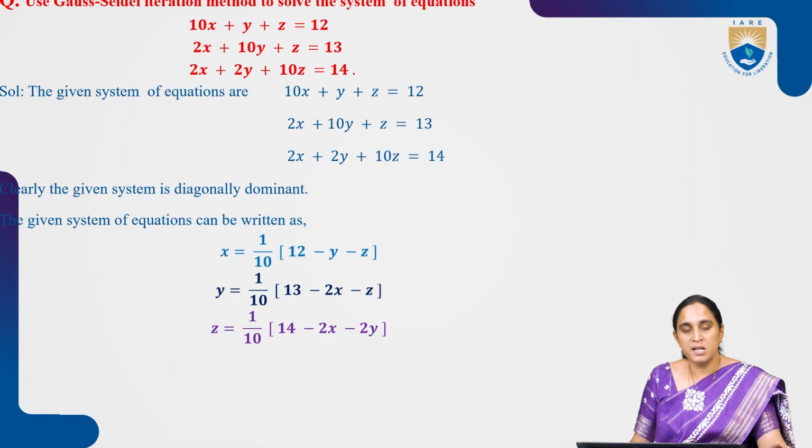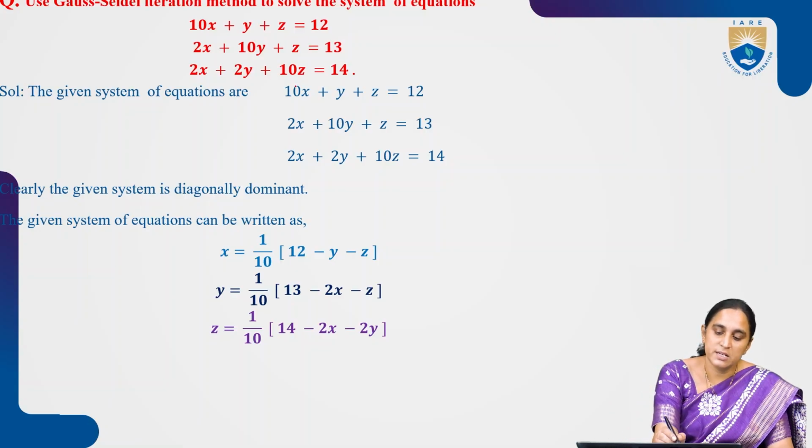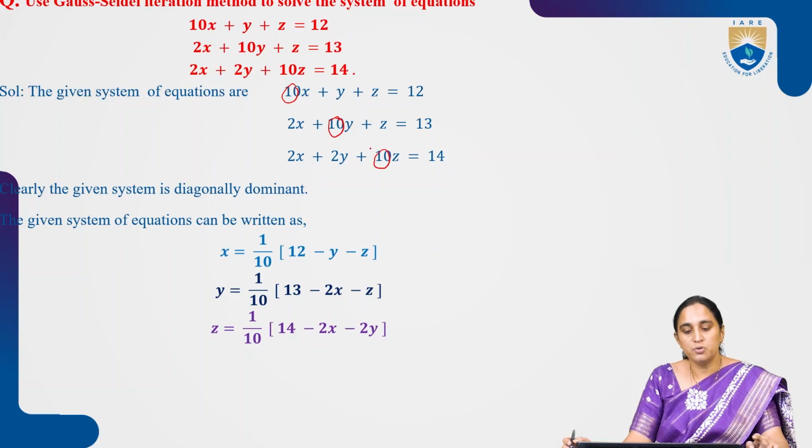Our main concept in the Gauss Seidel method is diagonally dominant values in the given linear system of equations. The x coefficient is 10, the y coefficient is 10 and the z coefficient is 10. In the first equation, compared to the y and z coefficients, the x coefficient is large.